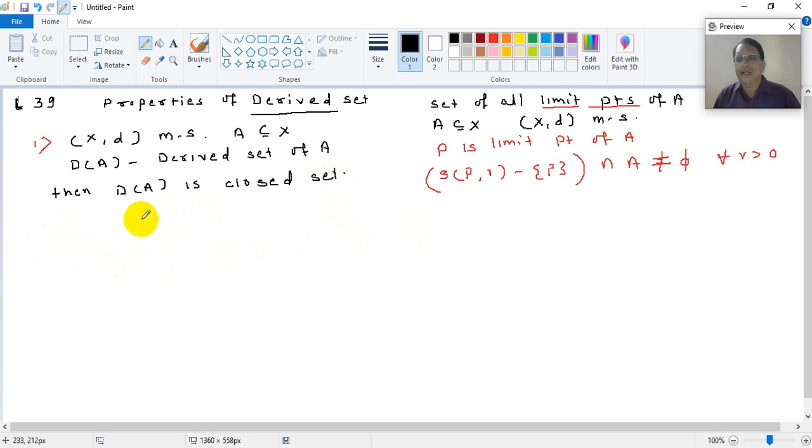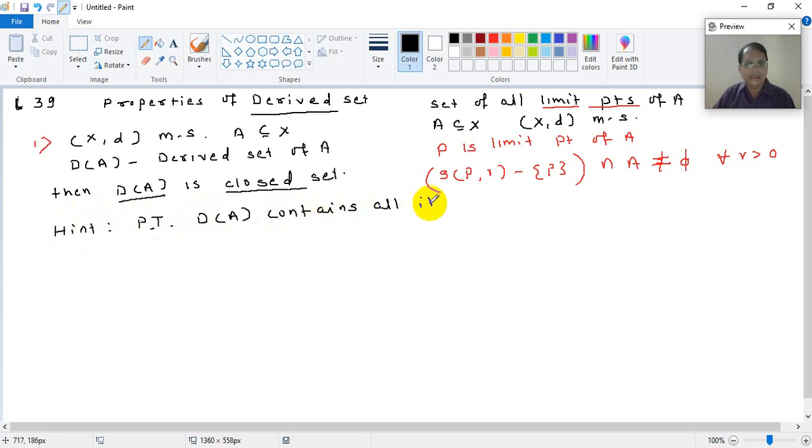One of those ways is to prove that it contains all its limit points, because that is one characterization that we have done. A set is closed if and only if it contains all its limit points. So if I want to prove that the derived set of A is closed, what should I do? You try to prove that if you take a limit point of D(A), then it belongs to D(A). This you must prove. What should be proved? A limit point of D(A) is a point of D(A). So, prove that the derived set of A contains all its limit points.